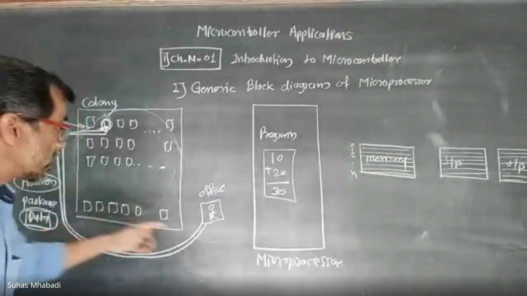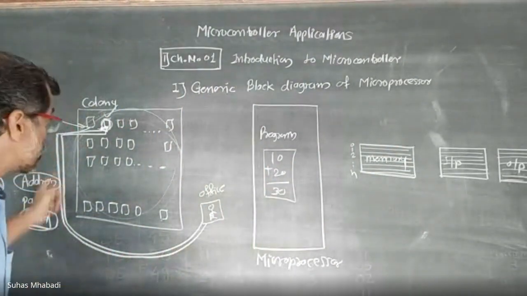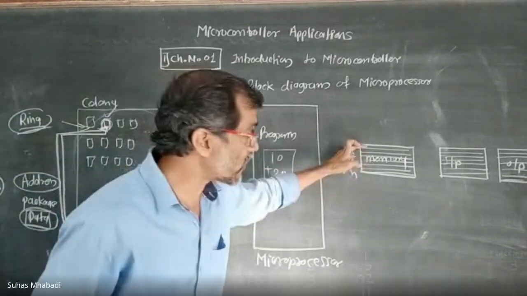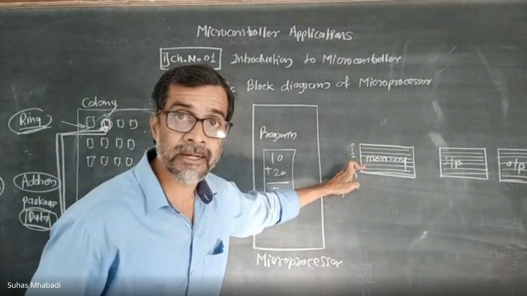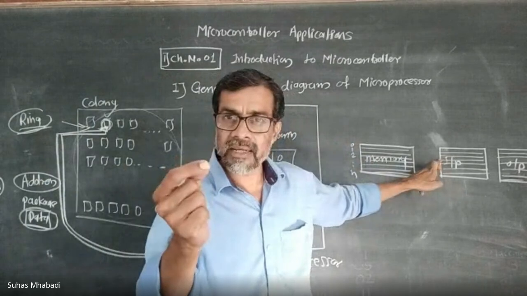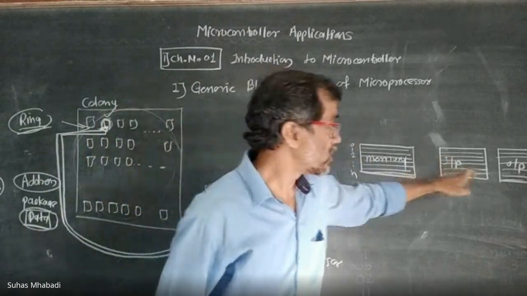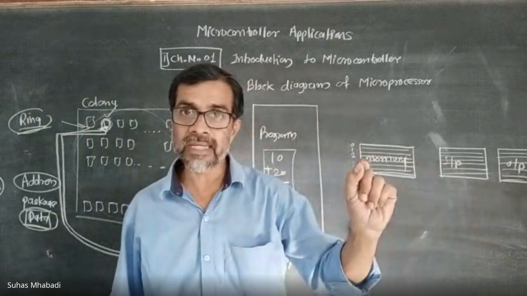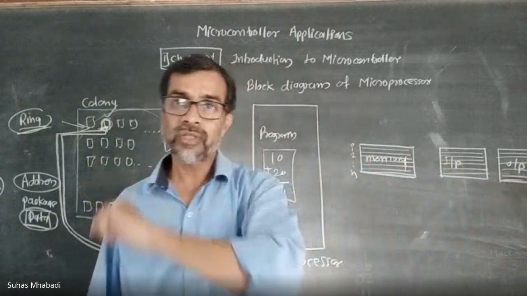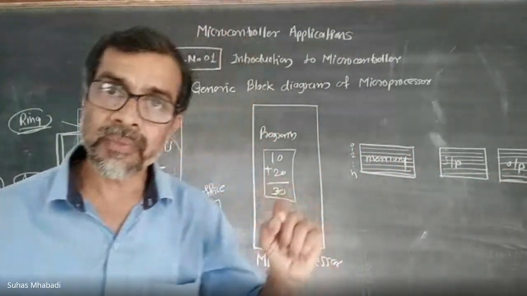So, same for input, same for output. The way we have done here, we find the path to reach the location. Similarly, to find the location with which we want to communicate, to find a single input device with which the processor wants to communicate at that time, or to find a single output device, it should be identified.